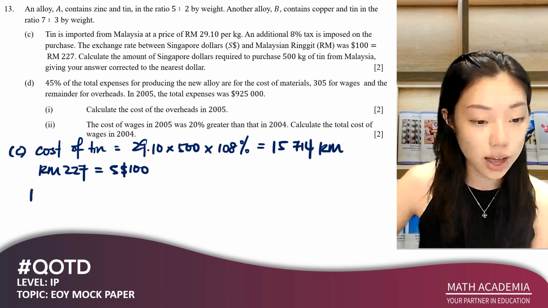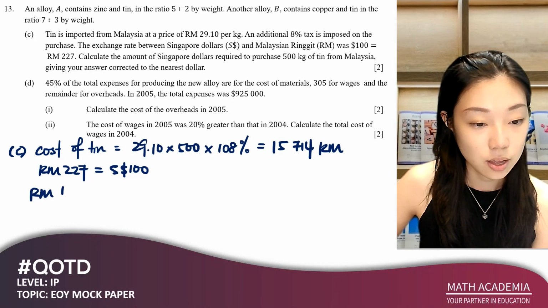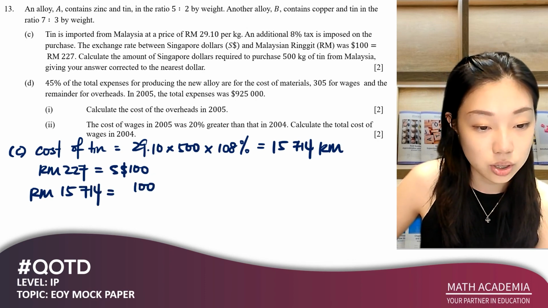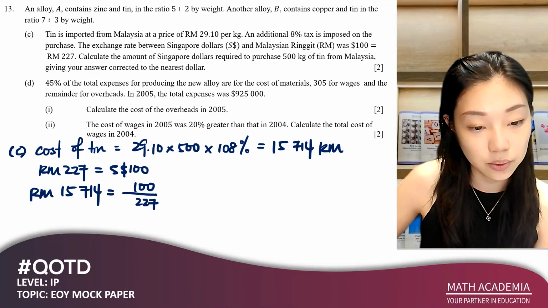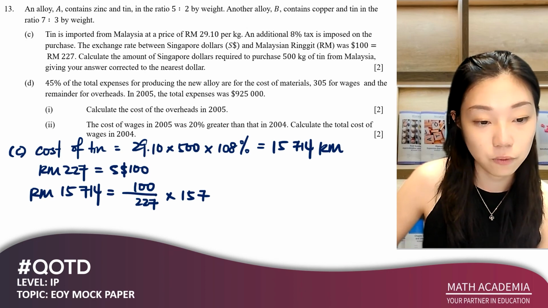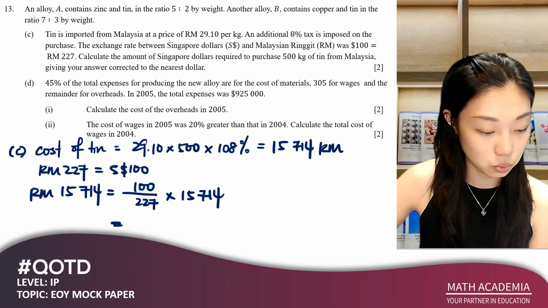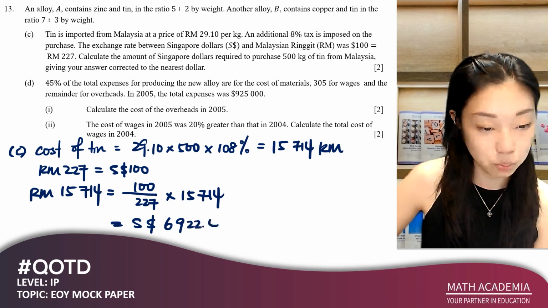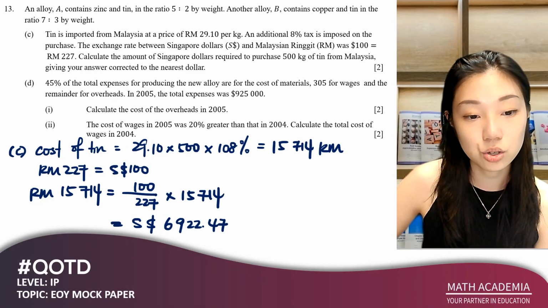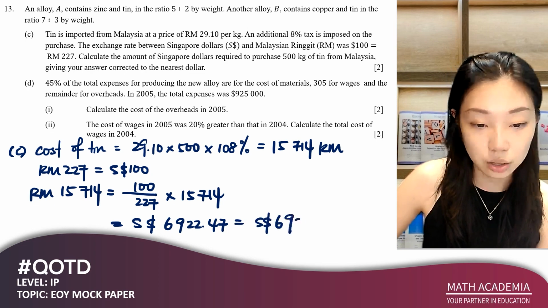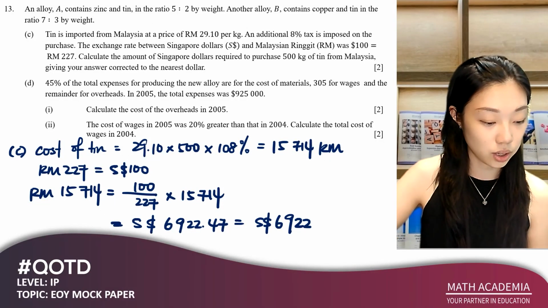So to find how much is 15,714 ringgit, I take $100 divided by 227 multiplied by 15,714, and that would give me Singapore dollars 6,922.47. Approximate to the nearest dollar, I would have $6,922.